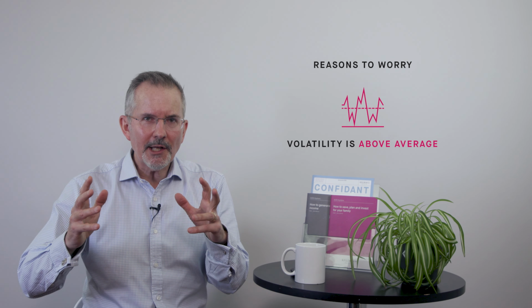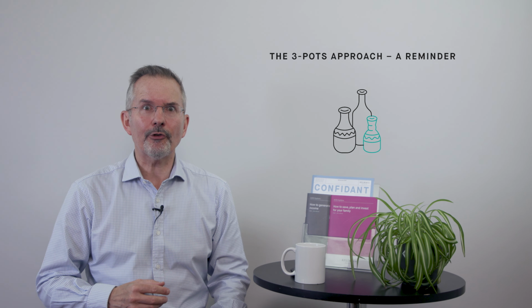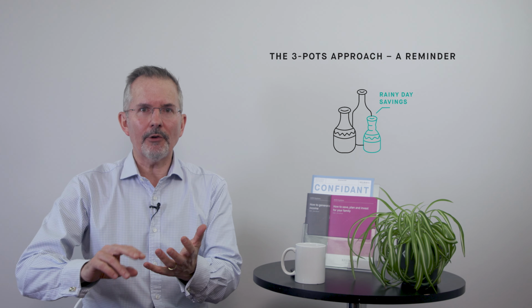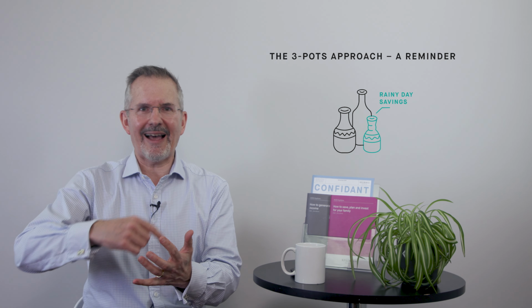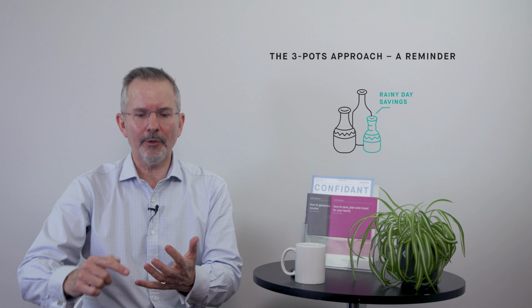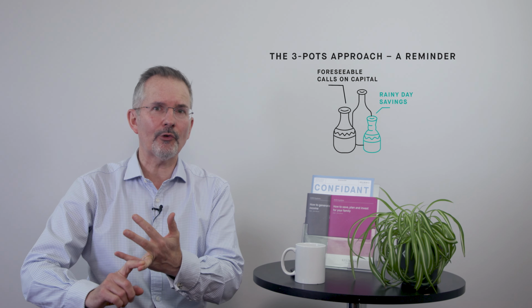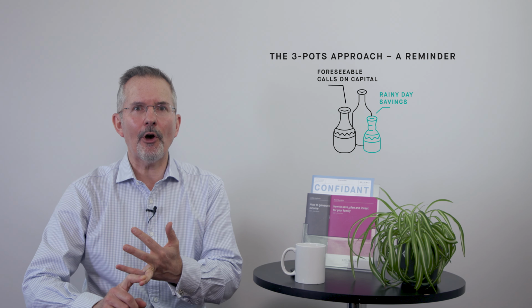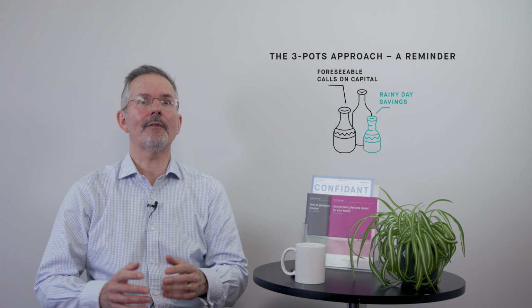Now, where does the rainy day fund fit in? Just a reminder, we have a three pots approach. Number one is the rainy day fund, which I'll talk more about in a moment. This is in terms of allocating capital, allocating wealth. Number two is to then organise money to meet those foreseeable calls on capital, those medium-term calls on your wealth that you can see coming up in the next, let's say, 5 to 7 years.